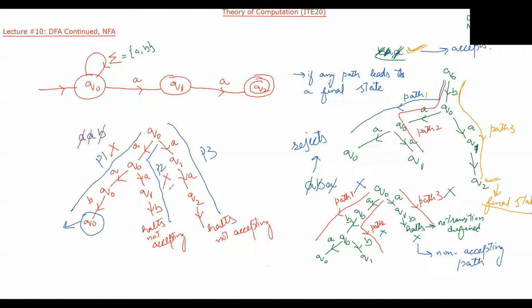This is also not accepting path. Path 3 leads to Q2, but Q2 leads to a halt, or we can say not accepting. This is also not an accepting path. Because accepting is only when we reach a final state and we are in the final state. Okay. So all three paths, P1, P2, P3, are not accepting paths. So that means this particular automata does not accept this particular string, or we can say it rejected this particular string.